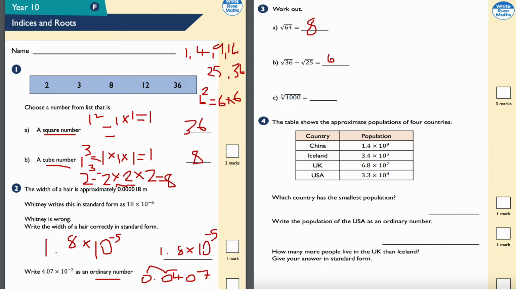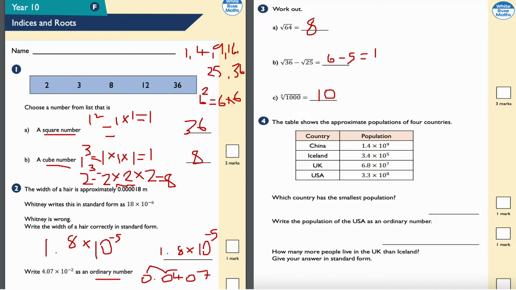So it's 6 take away 5, which is 1. Part C, the cube root of 1,000 is 10, because 10 times 10 times 10, or 10 to the power of 3, or 10 cubed, is 1,000.